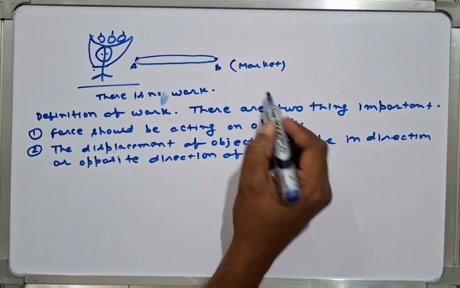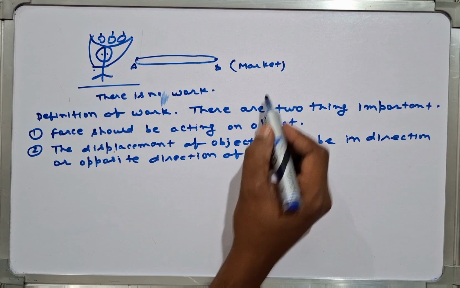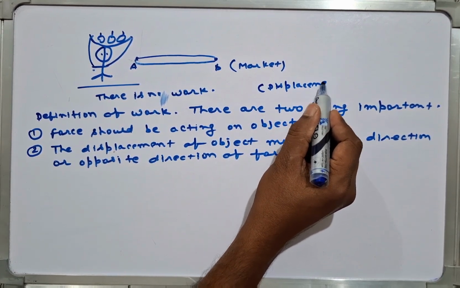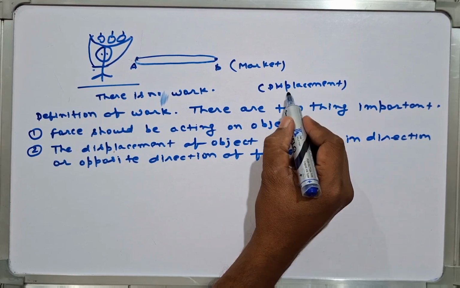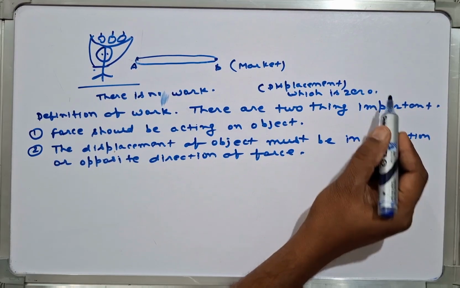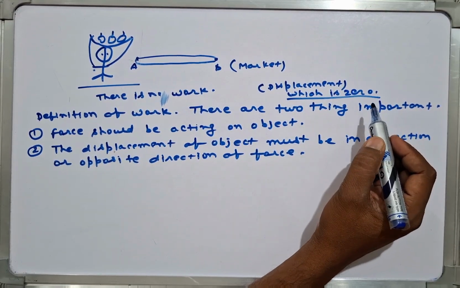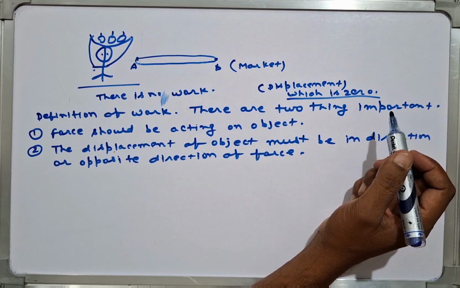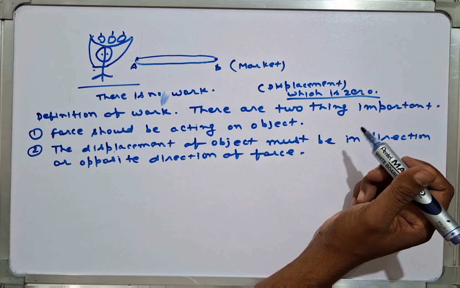So here what is missing? Displacement is missing, which is 0. So displacement is required for work on an object.